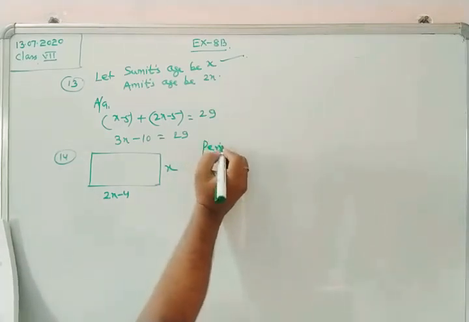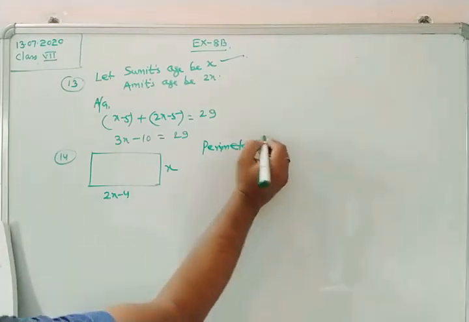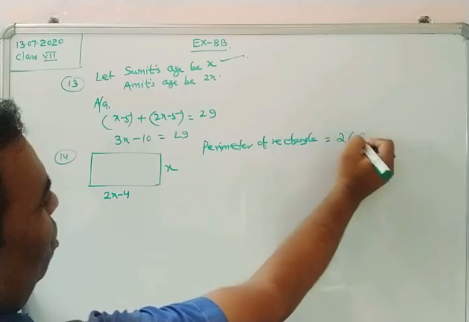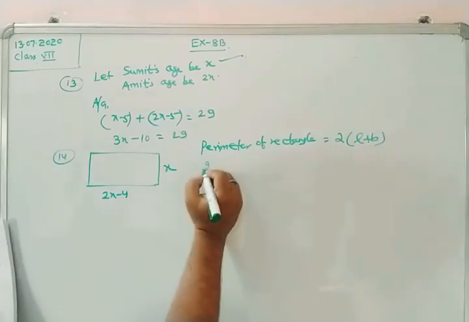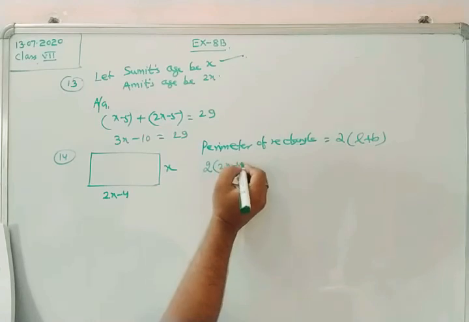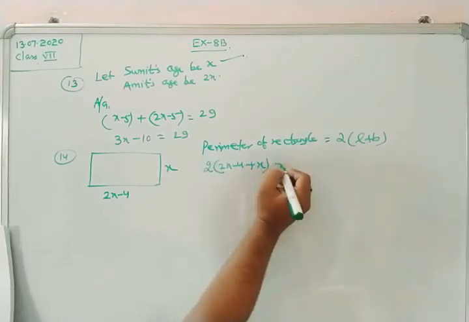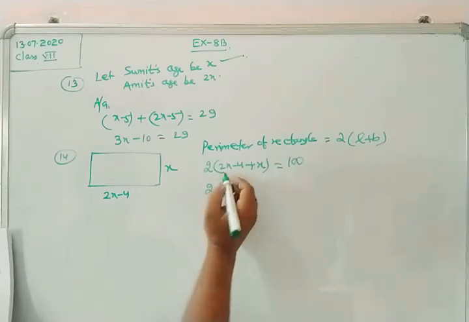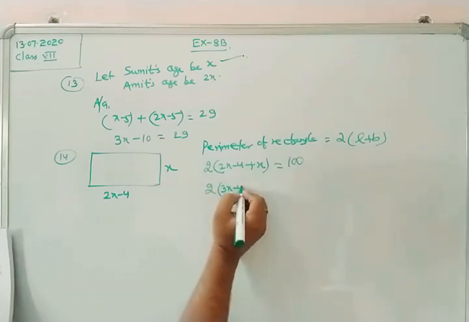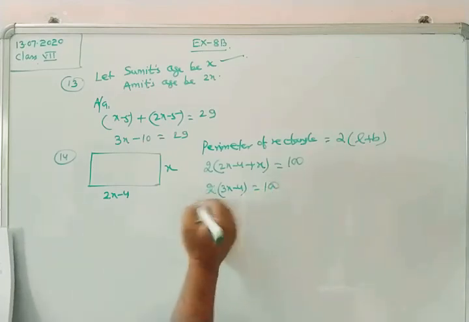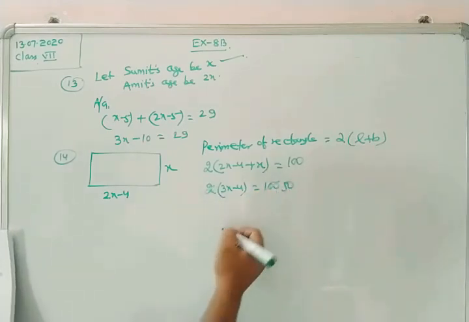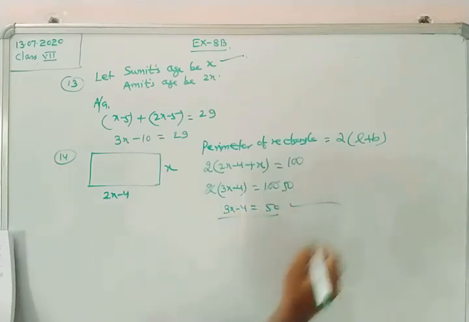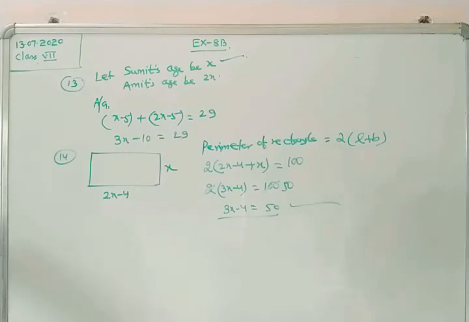So perimeter of rectangle is twice into L plus B. So 2 into (2x minus 4 plus x) equals 100. So 2 into (3x minus 4) equal to 100. So 2 will be cancelled, 2 5 get in. So 3x minus 4 equal to 50. Further you can solve and evaluate the x.